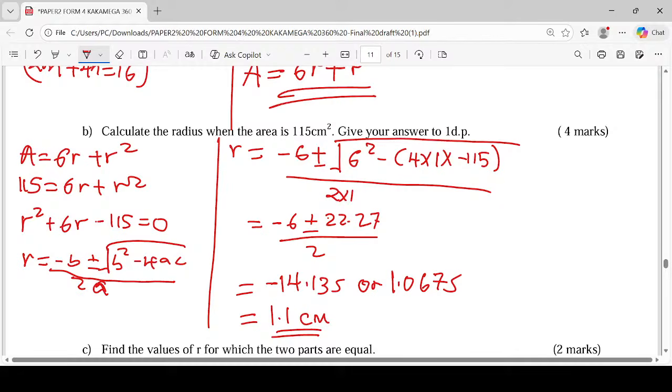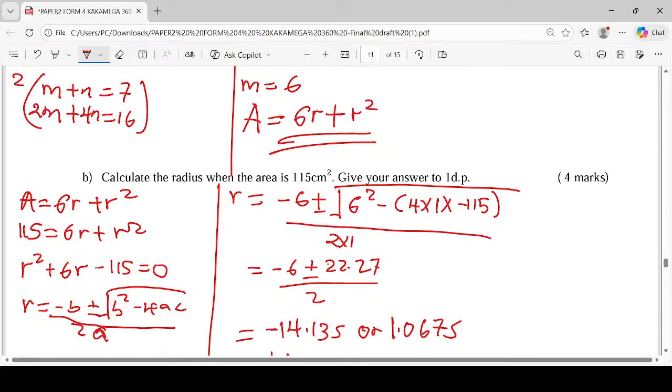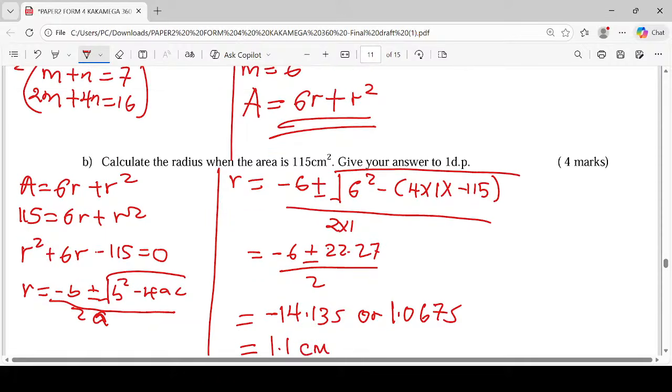I'm trying to confirm through my work once again. I think the equation was just right. So, calculate the radius when the area is 115 square centimeters.